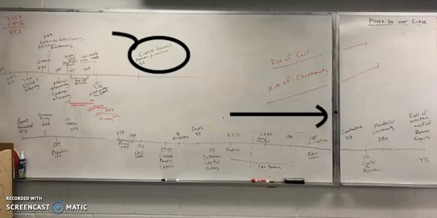So in 46 BC, we see the rise of Julius Caesar, and really as a dictator, where many of the senators believe that Caesar has the motive to become king of Rome.